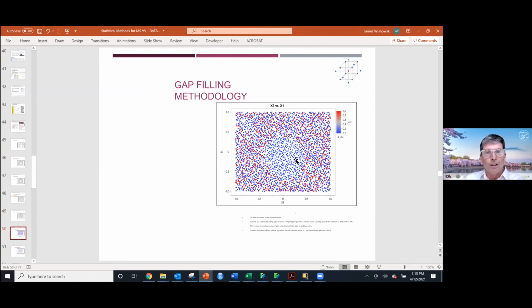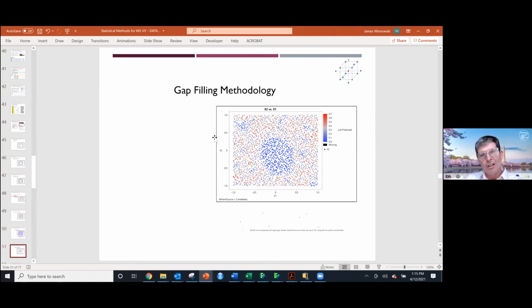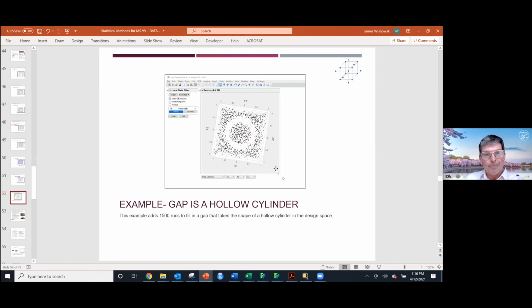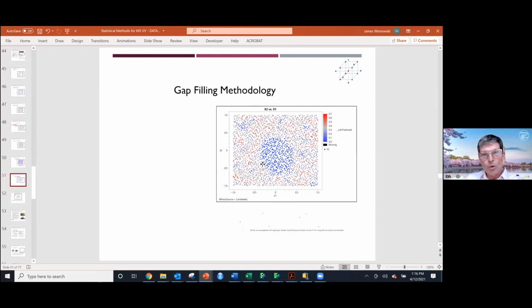So what did we do for the gap filling? Essentially what we did is we just smeared like 4 times the number of runs in space filling. And then the idea was if you are an existing point, we'll give you a 1. If you're one of these new 4x space fillers, we'll give you a 0.